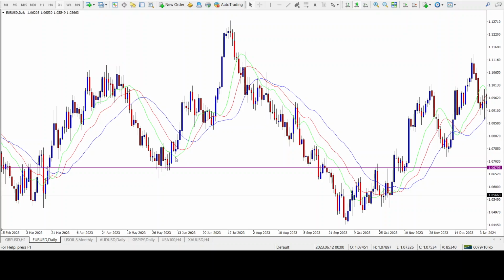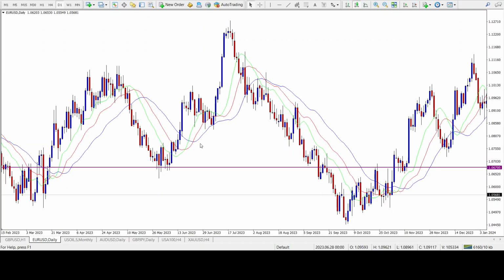For a buy, you have to be looking out for the lips crossing above the teeth. That gives you a sign that a bullish move is building up. And then after that, you have to wait for both the lips and the teeth to cross above the jaw. When the lips and the teeth cross above the jaw, that confirms the buy move.